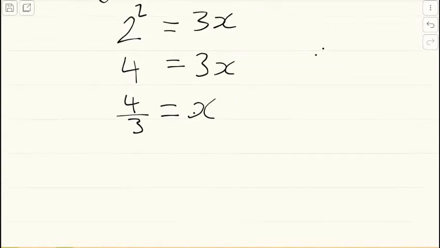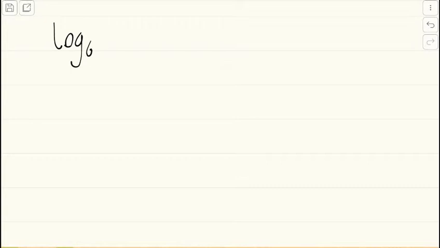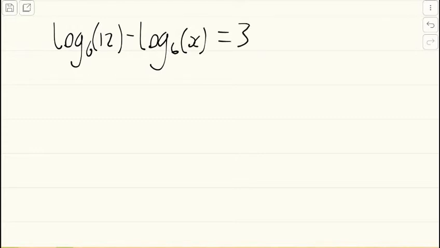Okay, right, our next example will be this. It's going to be log to the base 6 of 12 minus log to the base 6 of x is equal to 3. Okay, so same thing here.